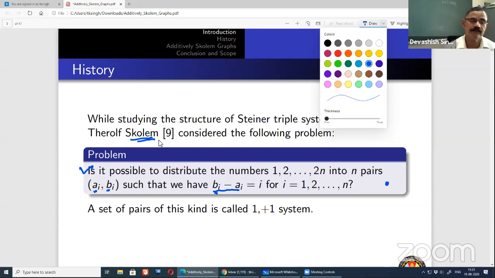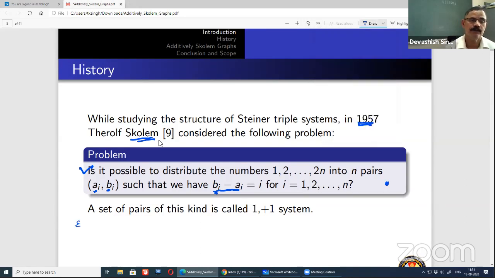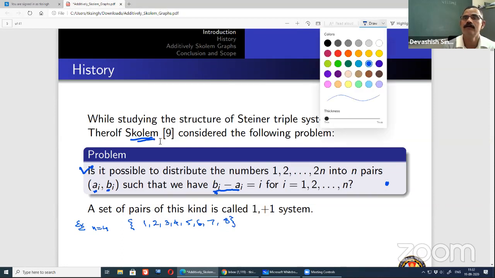If you take a small example, suppose n is equal to 4. We have the numbers 1, 2, 3, 4, 5, 6, 7, 8, which are 1 to 2n, and I need to find 4 pairs (a_i, b_i).